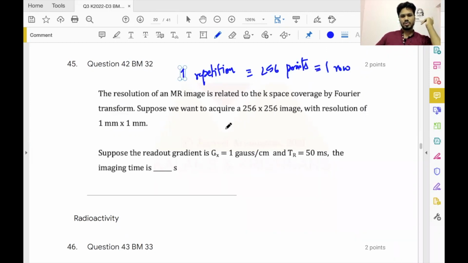We need 256 rows. That would correspond to 256 times TR. So just multiply TR and 256. What do we have? 2 into 10 into 256, that is 12.8.